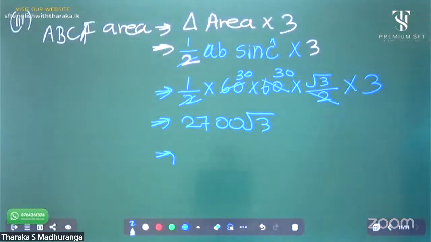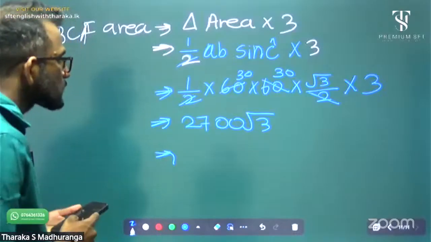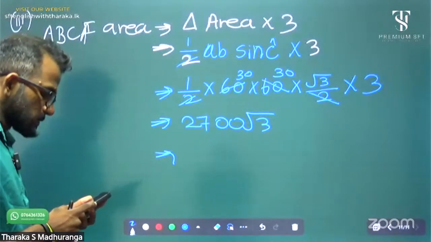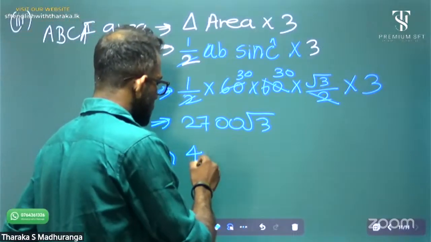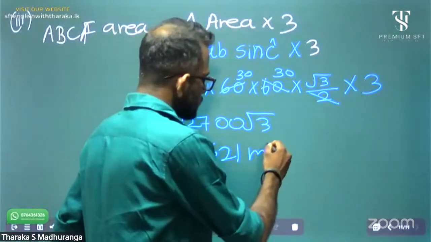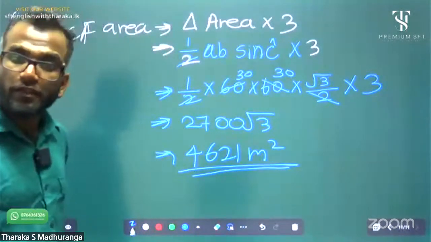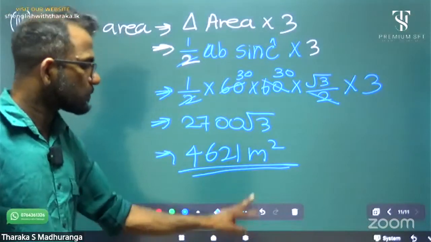You can get the answer, the ABCF area. 1.73. 4,671 square meter. This is the third part answer, not second, third part answer.